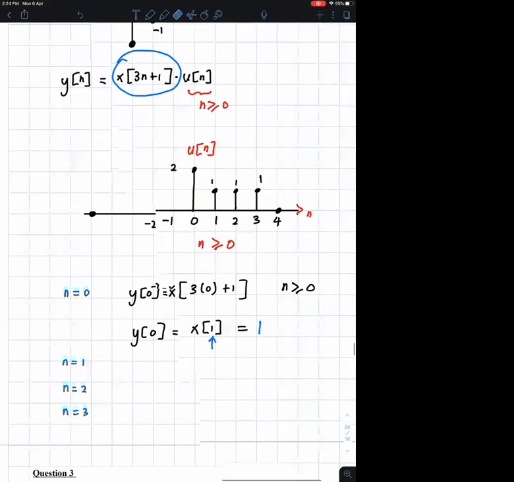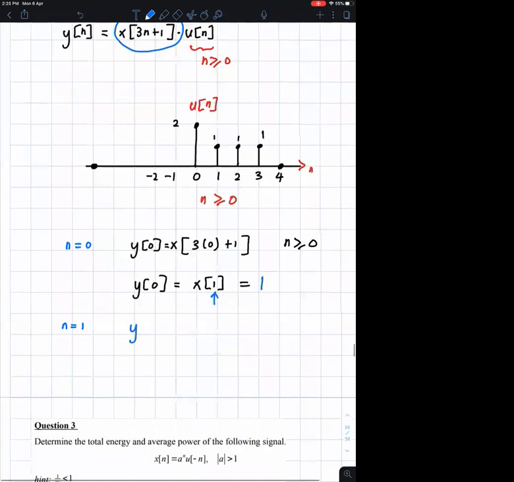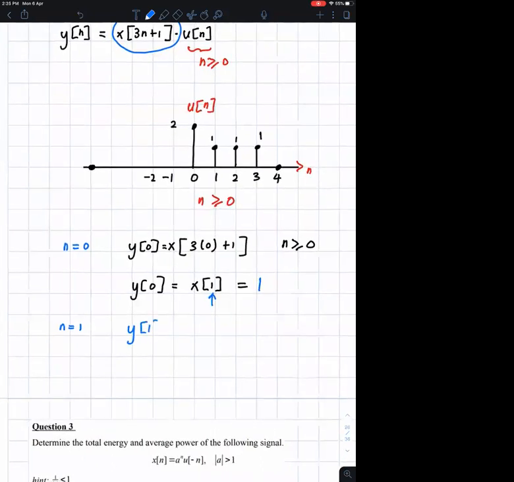And then you try to evaluate the next one. Okay, when n equals 1, you plug in 1, y[1] is x[3 times 1 plus 1]. So that's going to give you x[4], right?